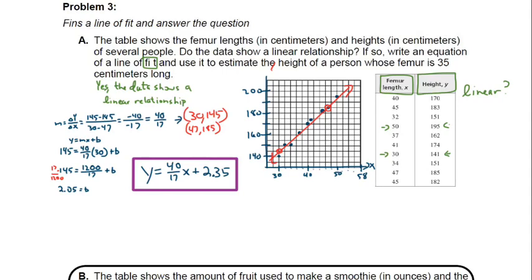Well, femur is the x value. So plug in 35 for x. Y equals 40 over 17 times 35 plus 2.35. So here we go, y equals 84.7.